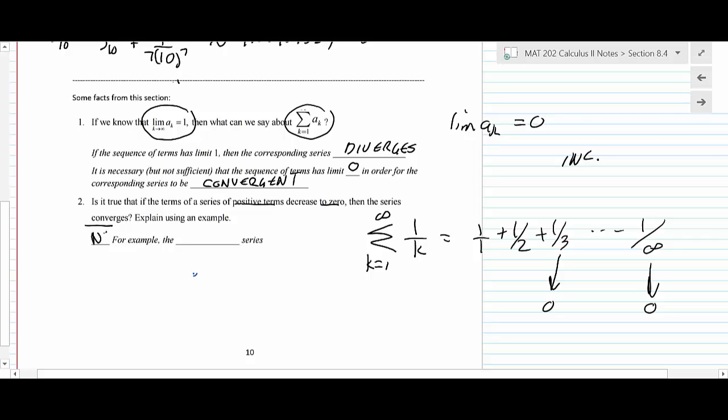The answer is no. Even though the last term of the series may be tending to 0, that doesn't mean that it's going to be a convergent series. Does that make sense? The harmonic series is a good example of that, and there are others as well. So if you've got a series and the last term is going to 0, that does not mean that it's going to be convergent.